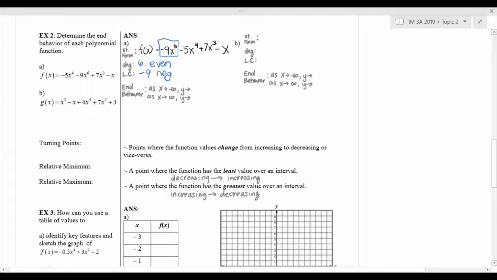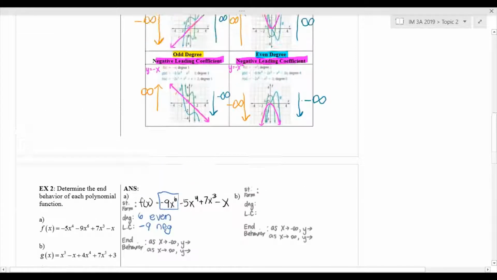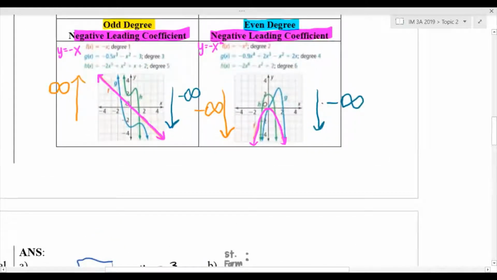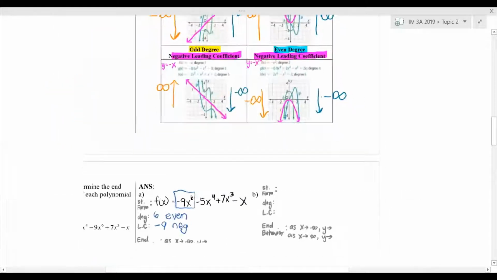Okay, so once I have these patterns memorized, I'm just thinking about what it is. Right now, we'll refer back to the table. So if I have an even power and a negative leading coefficient, the end behavior is going to look like this one here. So it's going to be going down on the left and going down on the right.